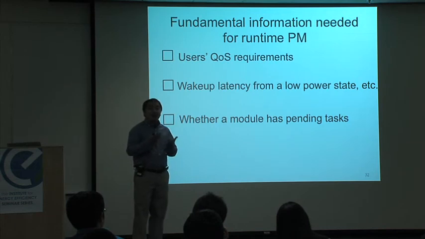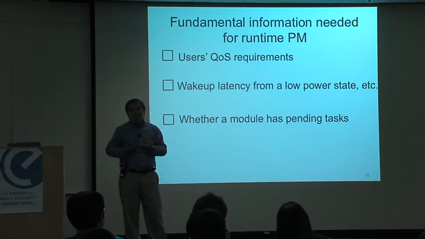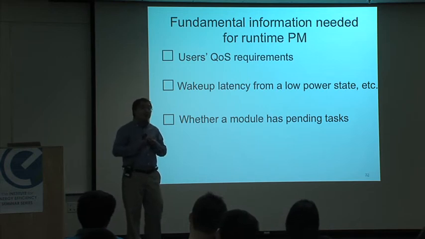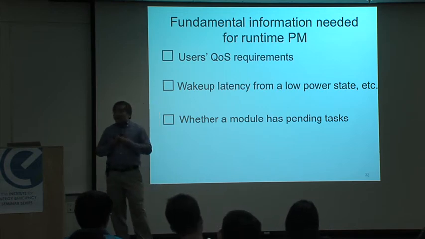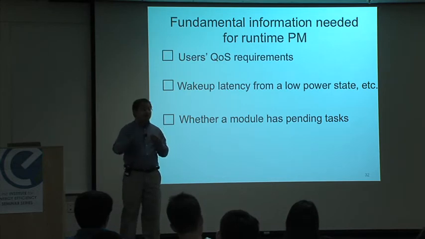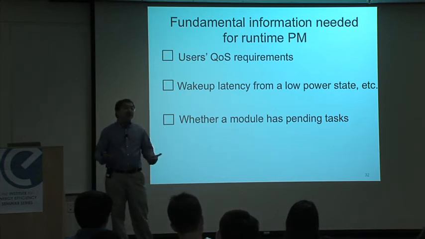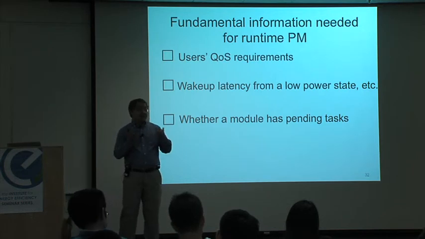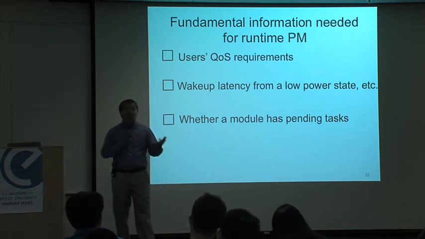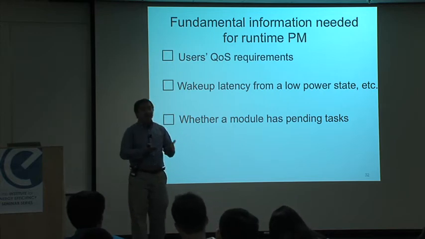If based on different tolerance, maybe you have a different level of low power state you can put the module in. Number two is, what is the wake up latency for different low power modes for your modules, for your domains? You need this information to match the QoS requirements. Number three is whether a module is busy, whether the module has pending tasks, right?